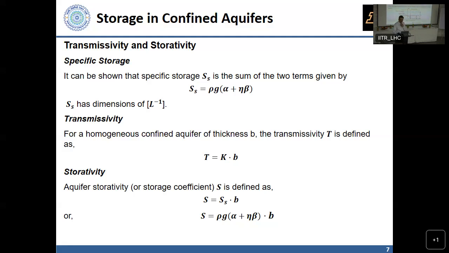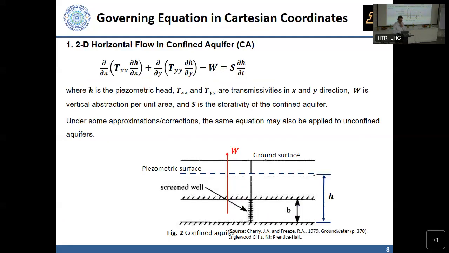From some horizontal reference, the height of the piezometric surface is small h. And let's say W is the amount of water that we are extracting, per unit area and per unit time, from the confined aquifer. Then our governing differential equation is going to be multiplied throughout by b. We will have eliminated the variation in the z direction, and our equation will look something like this.